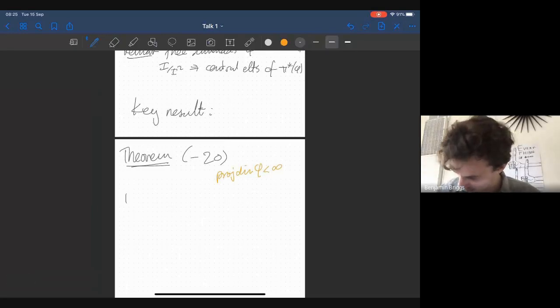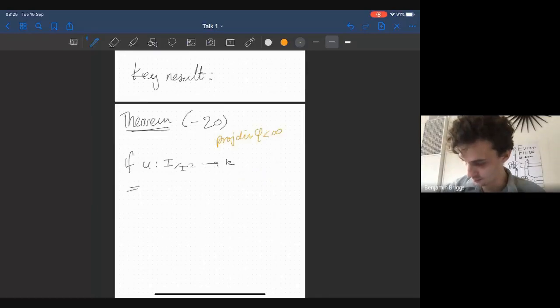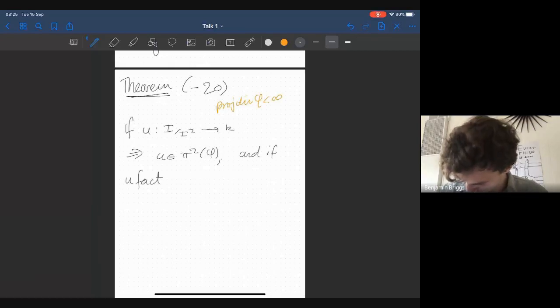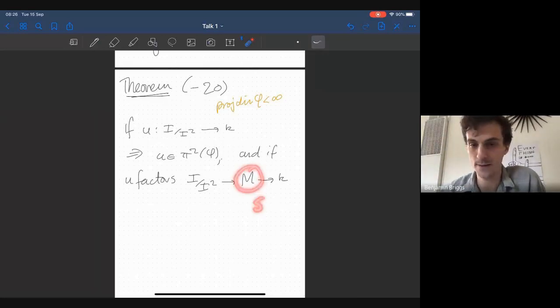If we take an element here, once again, something dual to the kernel module, and it corresponds to an element of pi 2, which I'll once again slightly abuse notation and call the same element, u in pi 2 of R. And if u factors as I mod I squared to M to k, where instead of now having S here, I'm just going to put something of finite projective dimension.